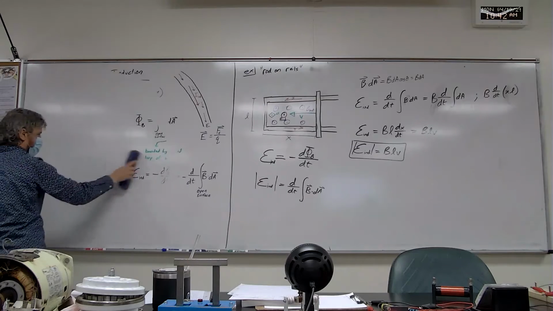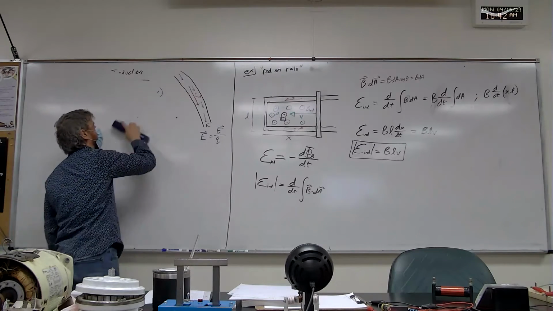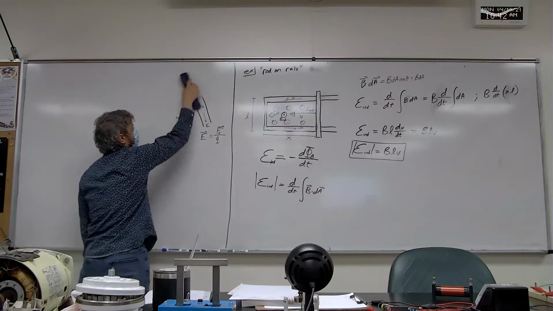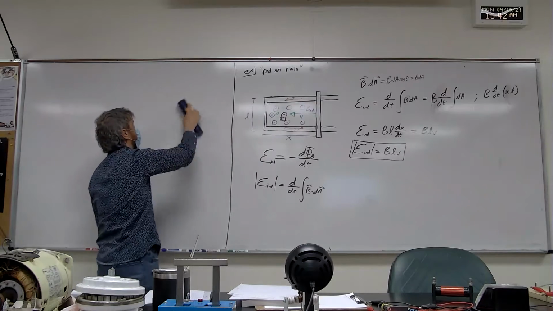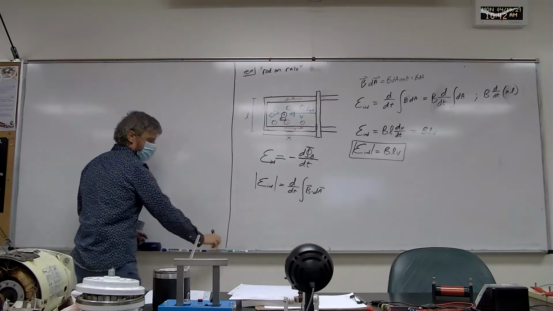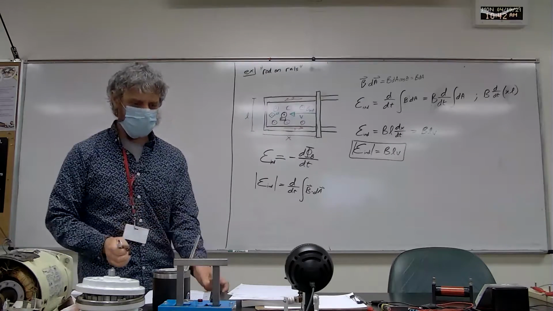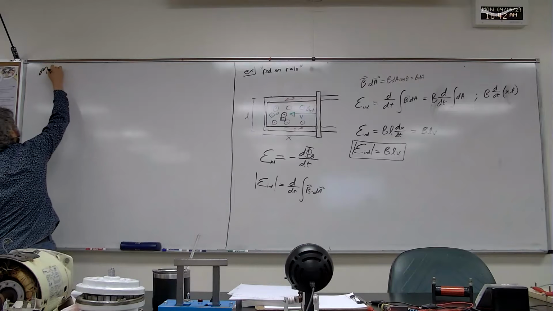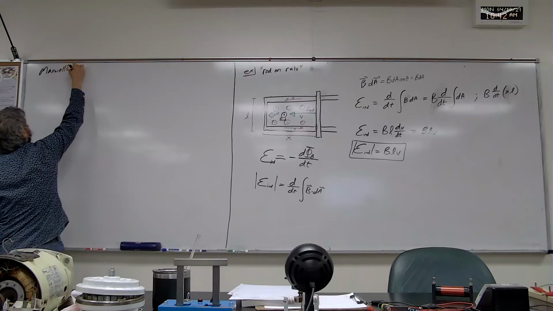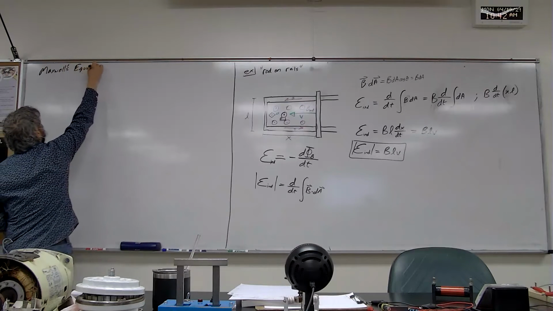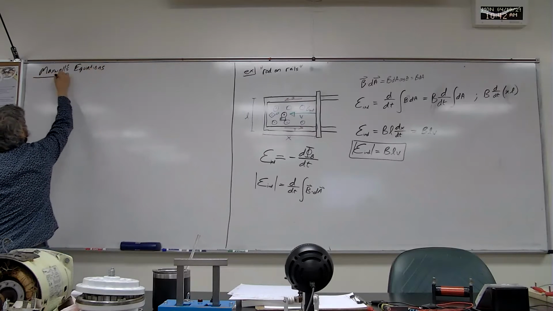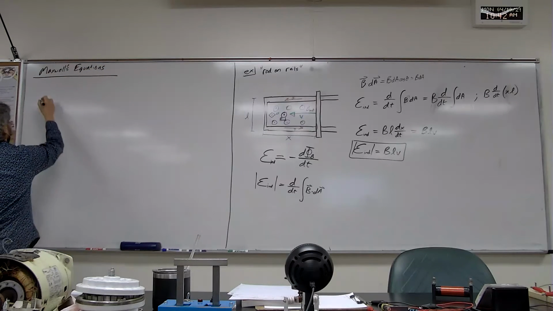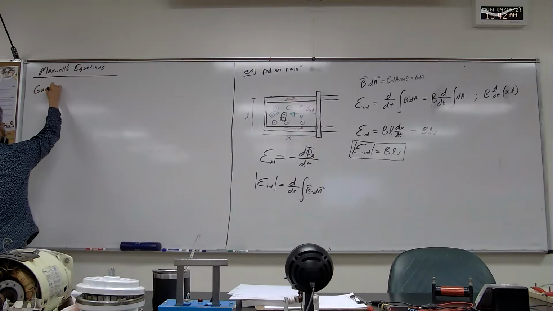So, again, we have one more type of circuit, really technically two, but only one new circuit element that we're going to study, and then this class is over. But summarizing Maxwell's equations, we have Gauss's law for electric fields.